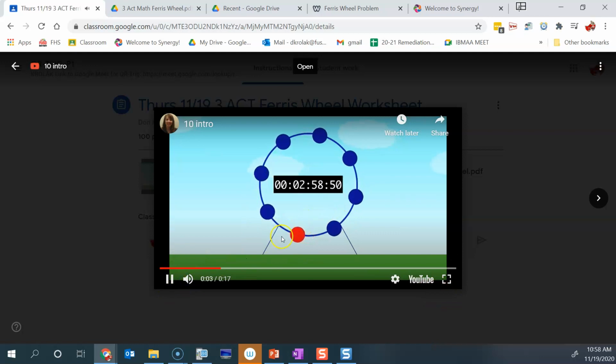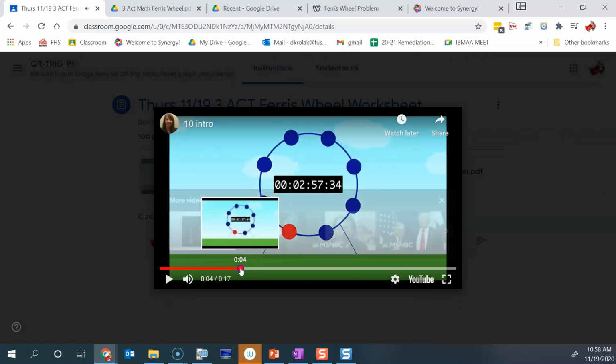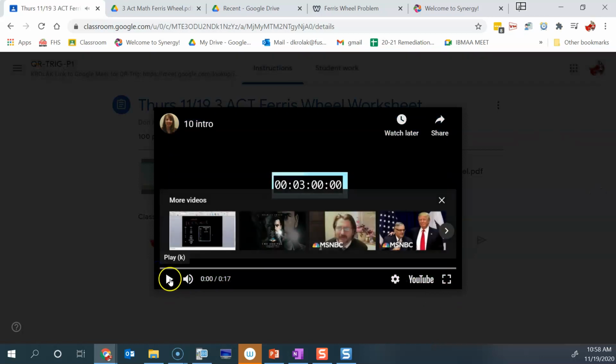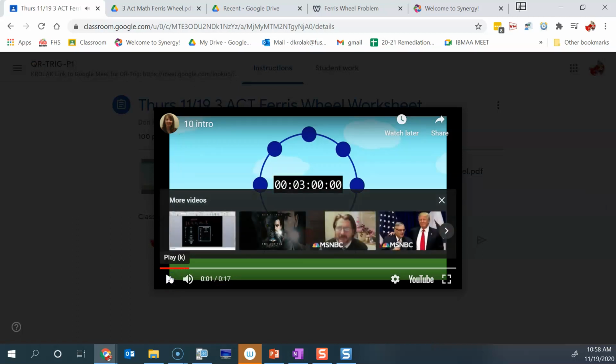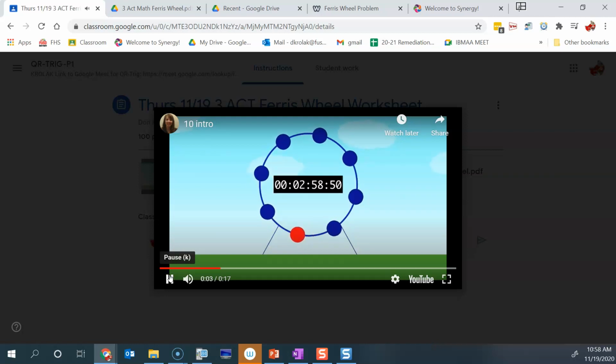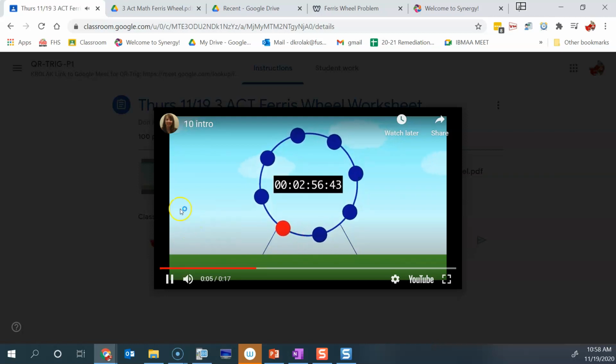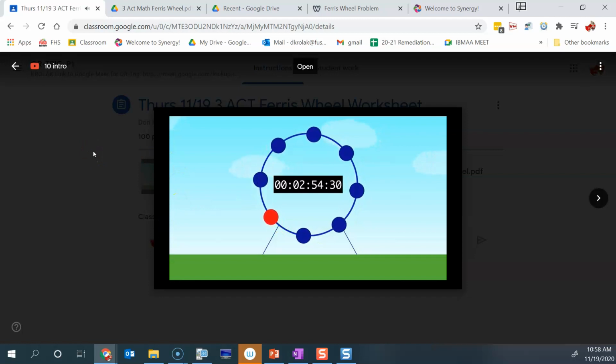All right, so when that countdown clock is 0, you're going to predict before doing it where the cart's going to be. So I gave you the information of the heights, and then this is all the information you have for the period.